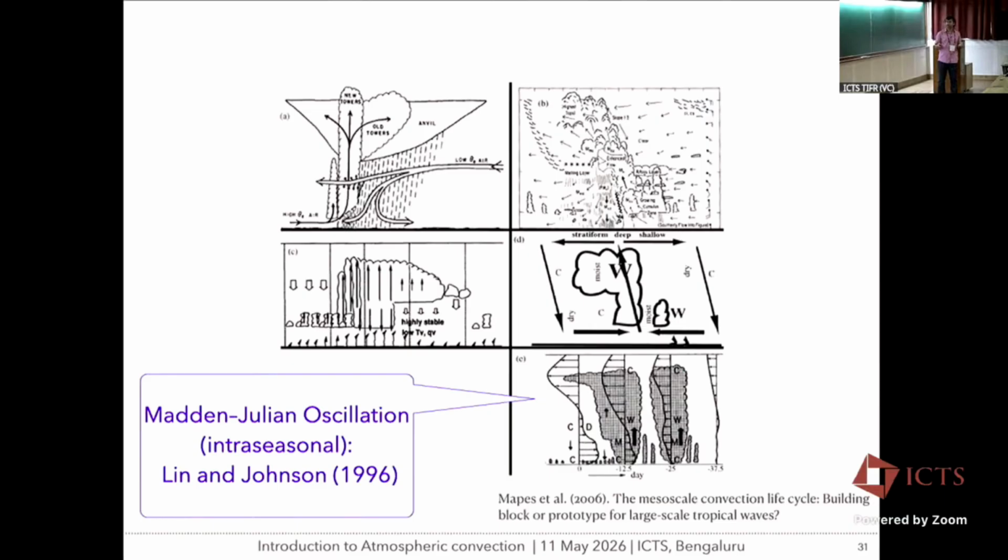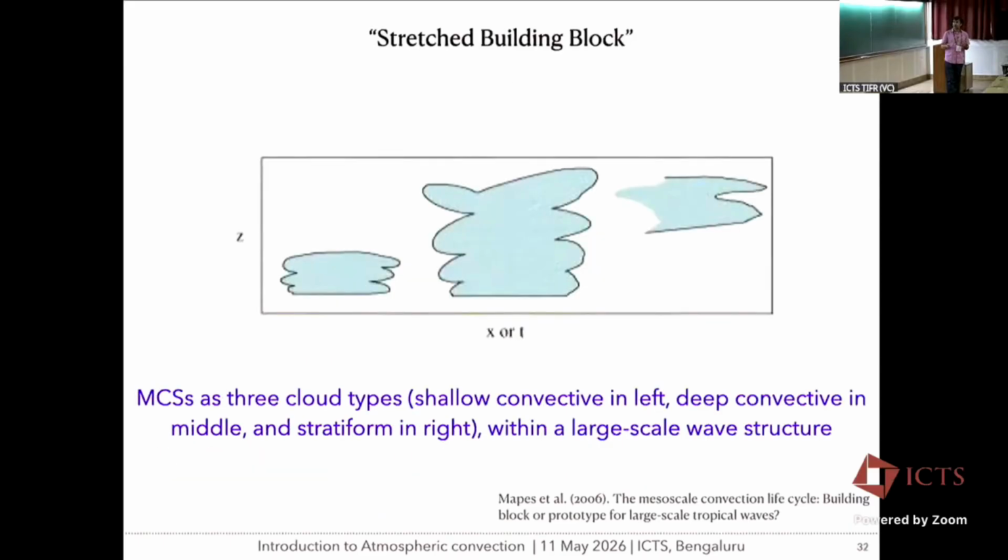So the essential or the basic point behind all these plots is they have these different cloud types or different structures, which is summarized by Brian Mapes and others with a very similar looking sketch to what all of you just did.